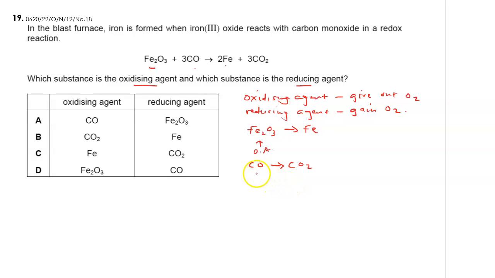That means carbon monoxide, because a reducing agent will gain an oxygen, carbon monoxide is the reducing agent. So the oxidizing agent is iron(III) oxide, and the reducing agent is carbon monoxide. So the answer is B.